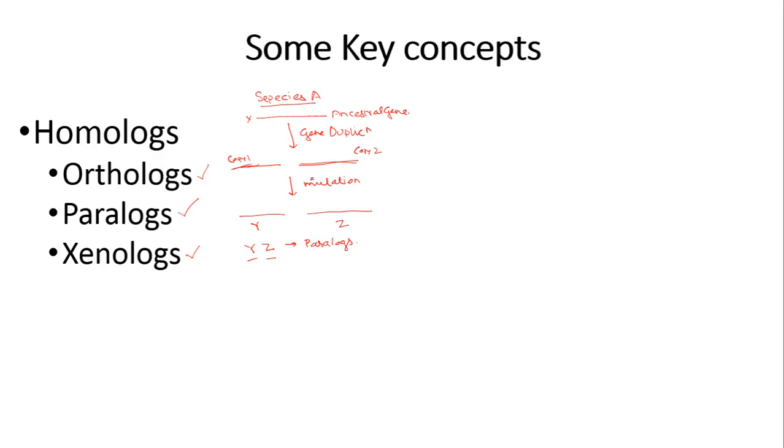To give you an example, a very long time ago there might have been some ancestral globin gene. This ancestral globin gene might have duplicated into two genes, and these two genes then acquired independent mutations.